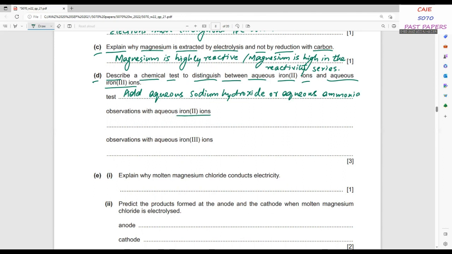Iron 2 ions always give green precipitates, and iron 3 ions give reddish brown or red brown precipitates.